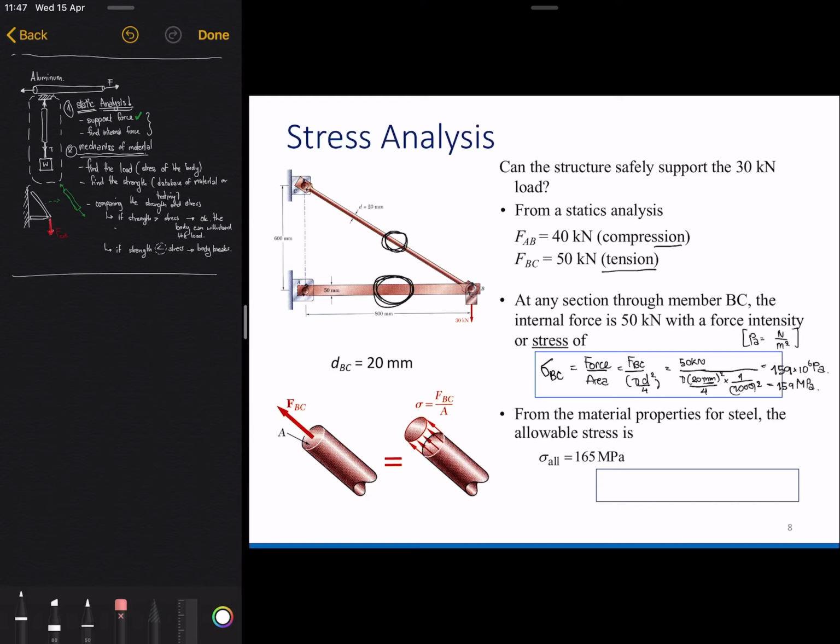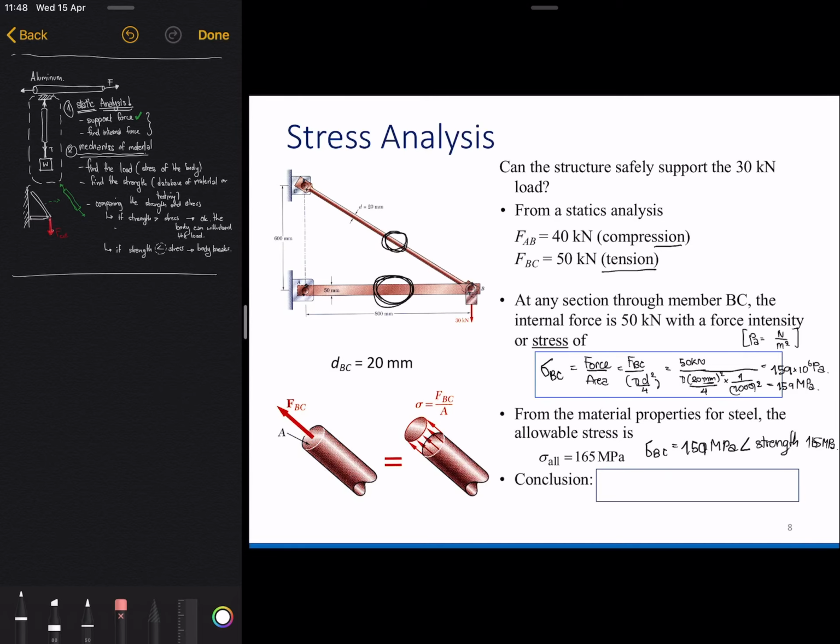From the material properties for the steel, the allowable stress is 165 megapascal. What is the conclusion here? Does it break or not? This is our stress: the stress in BC is equal to 159 megapascal, which is less than the strength of 165 megapascal.